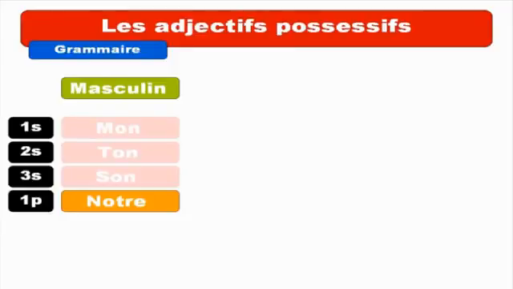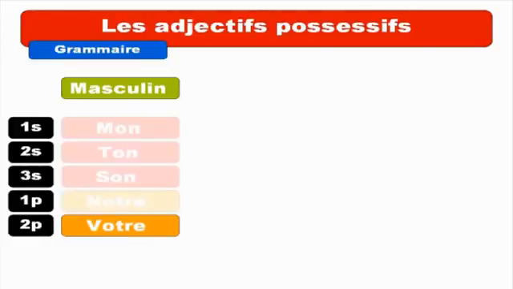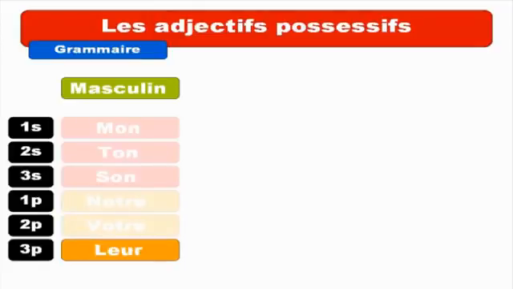Repeat. Notre. Okay, and then votre. Repeat. Votre. Okay, and then leur. Repeat. Leur. Alright, so we've got mon, ton, son, so keep in mind that everything is in your nose.